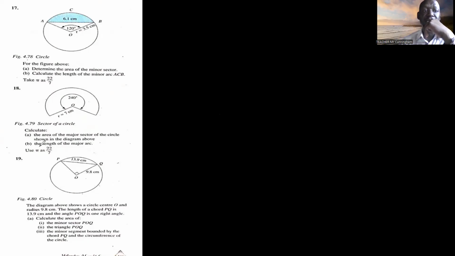So they ask for the area of the minor sector. And of course, you are using the formula pi r squared by theta on 360. So the area A is equal to pi multiplied by r squared multiplied by theta on 360. They told us to use pi as 22/7.